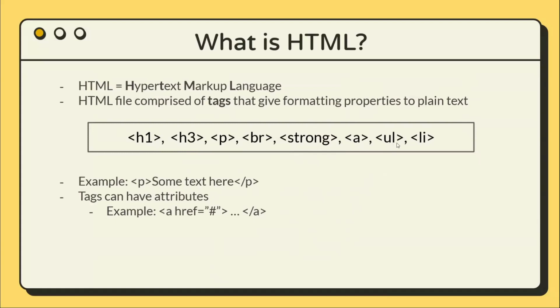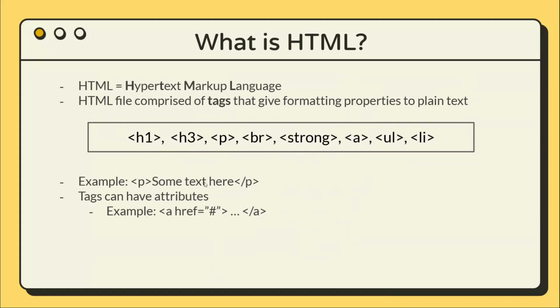And you don't have to remember these tags. I have a little cheat sheet for you at the end when you start making your own file. And I also have an example for you in just a second. But the text gets surrounded by these tags.